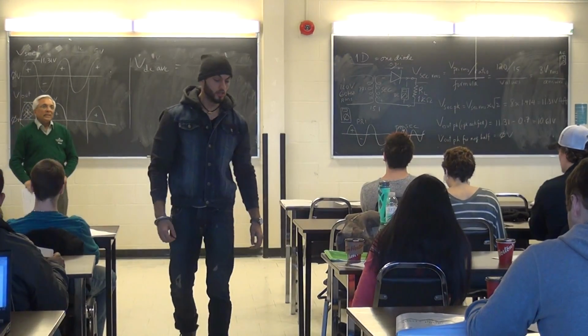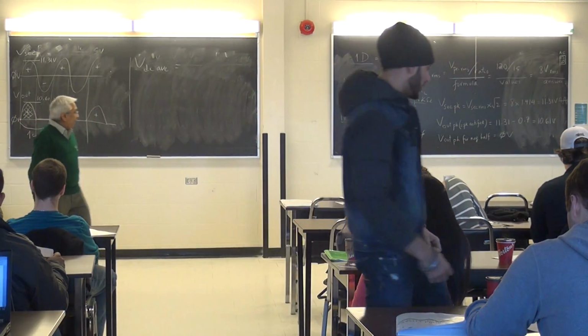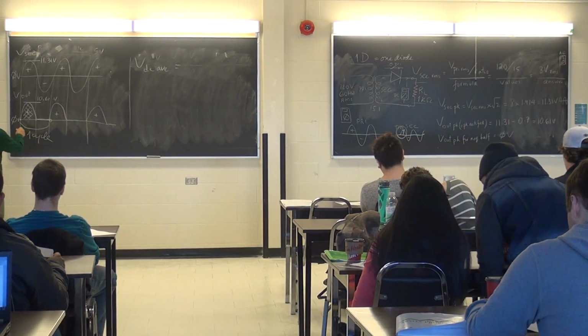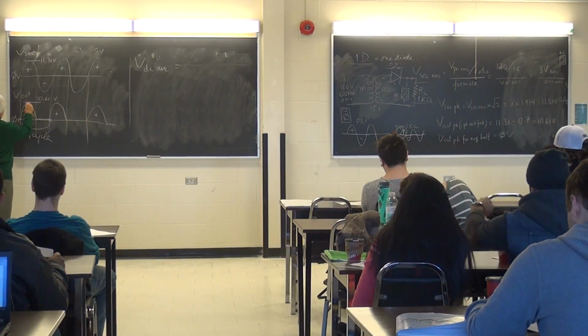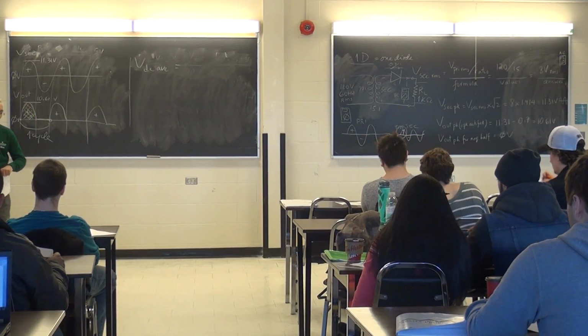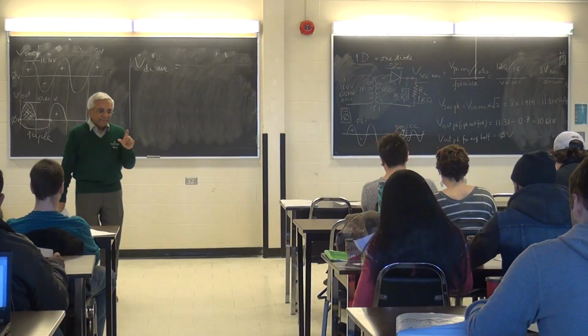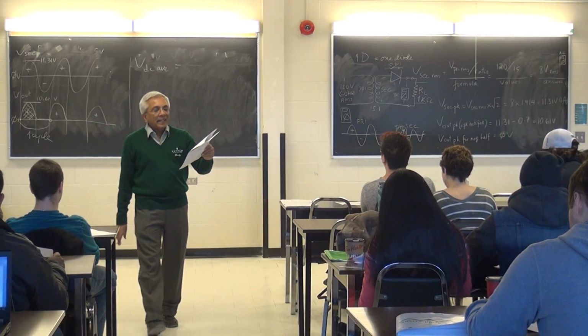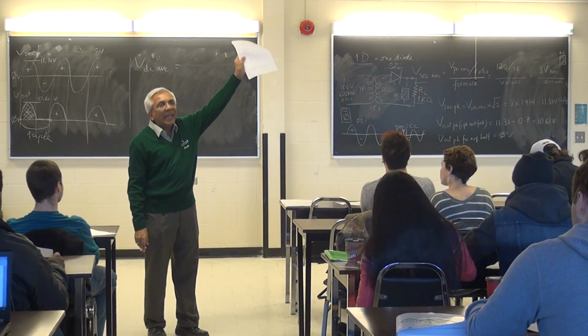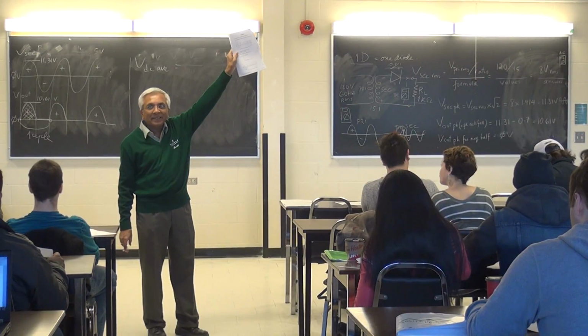Okay? So the average of the area under that graph is what I will read on a DC multimeter. And I need to do a little bit of calculus to find that answer.